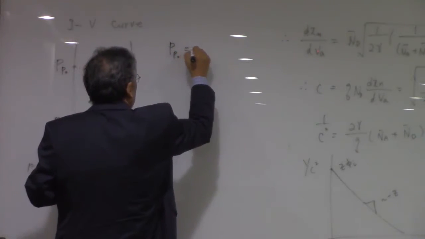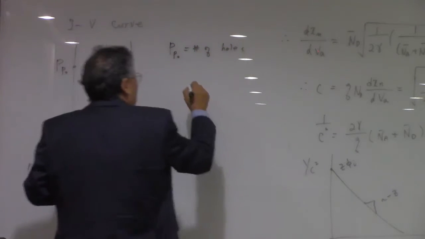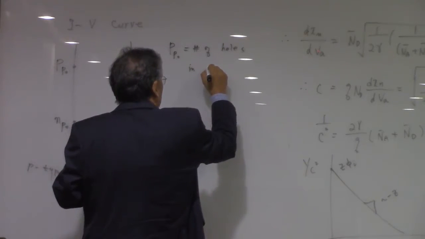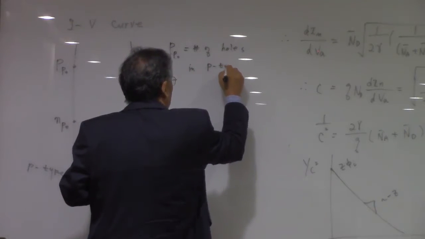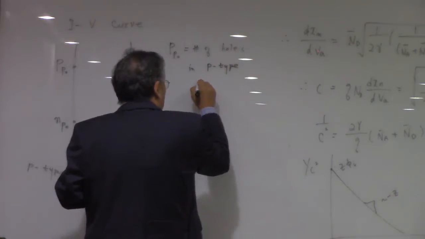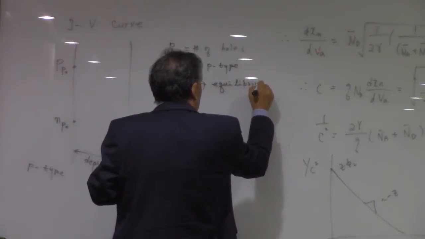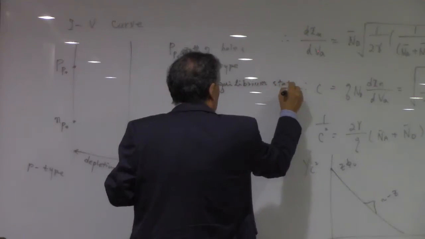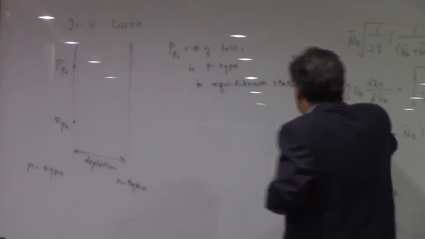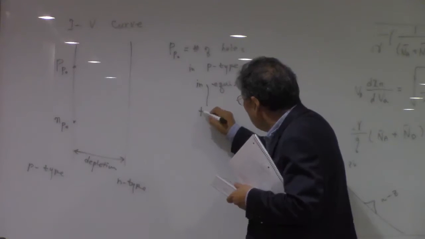P_P0 means the number of holes in P-type in equilibrium state. To be exact, we have to say in thermal equilibrium.